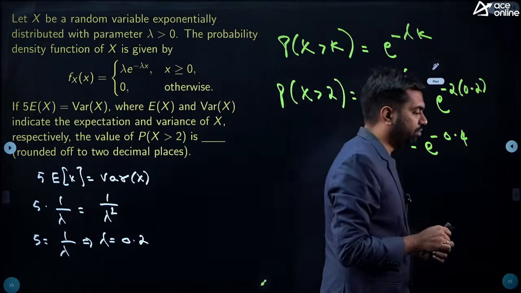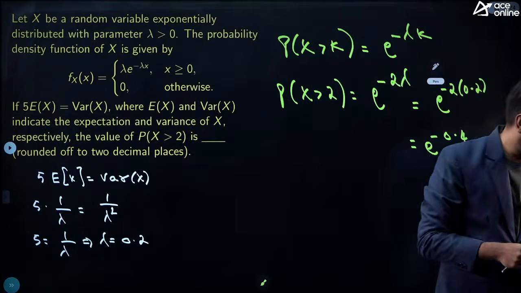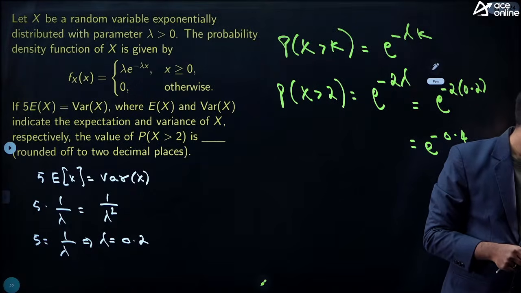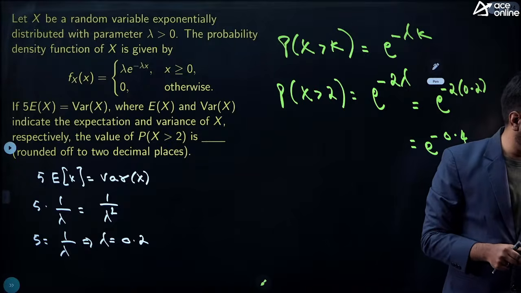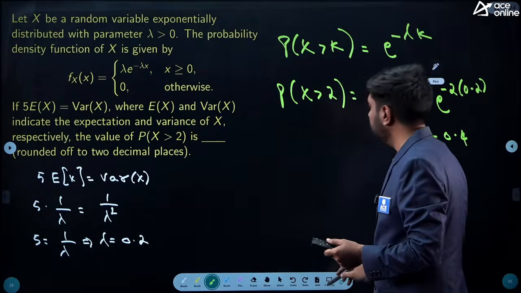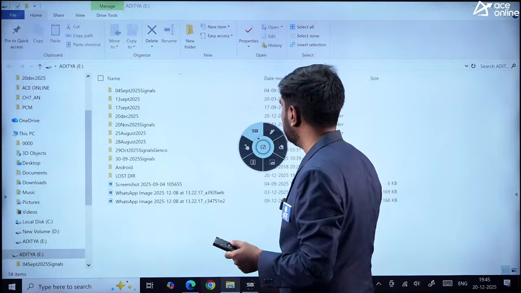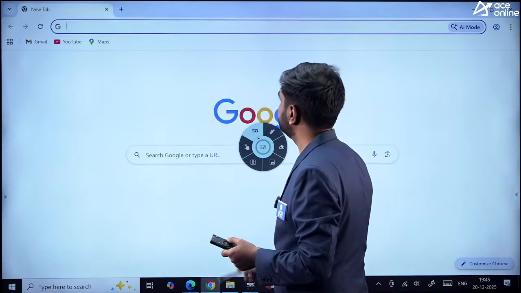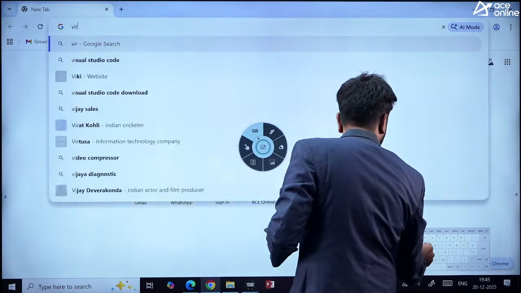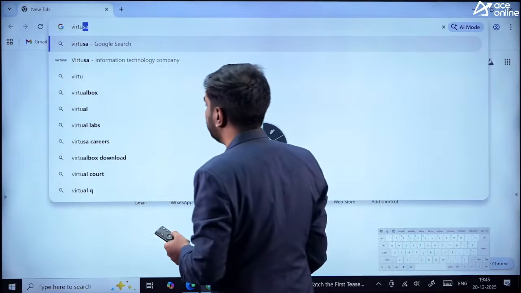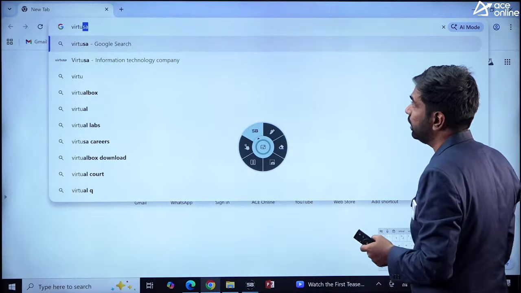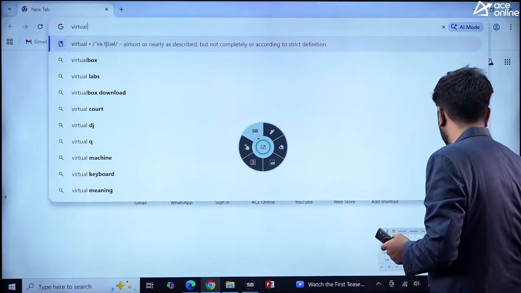I'll be waiting for your reply. Let's see how many of you will give the same answer. So for that you have to open the virtual calculator. So let's see whether I can open it here. So using the virtual calculator is very important, students. So you should get used to virtual calculator.